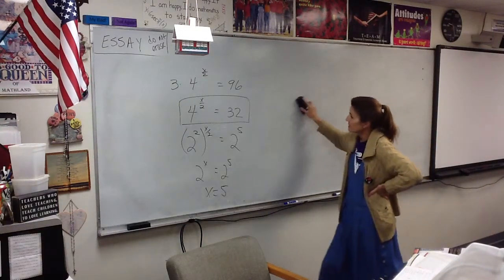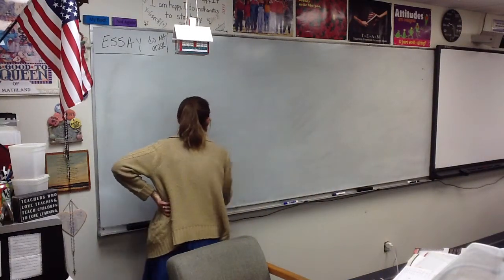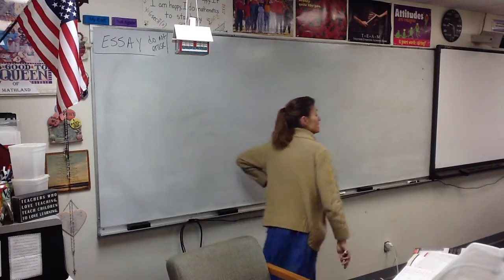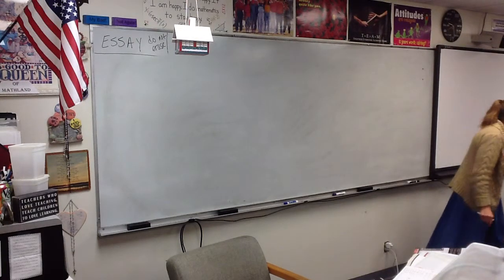Your homework tonight is solving equations like this. The directions are very clear about whether you use a calculator or not. If you aren't allowed to use a calculator, what has to be the case? There has to be a common base, so figure out how to make it happen. Because if you're not using a calculator, you have to have a common base.